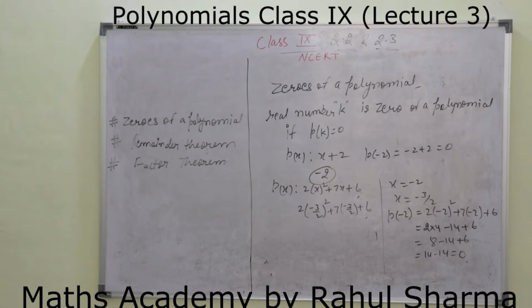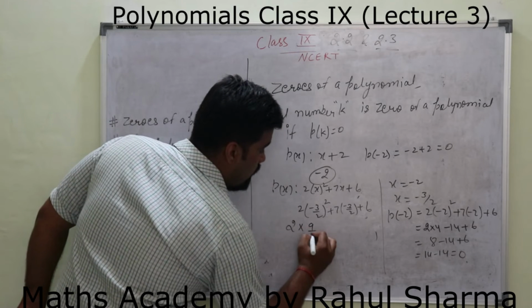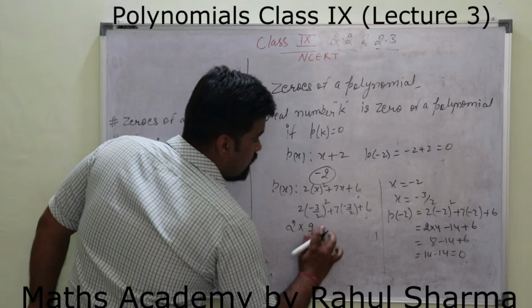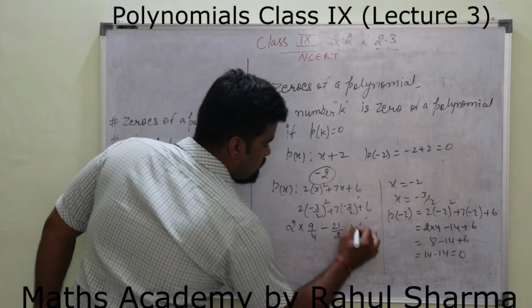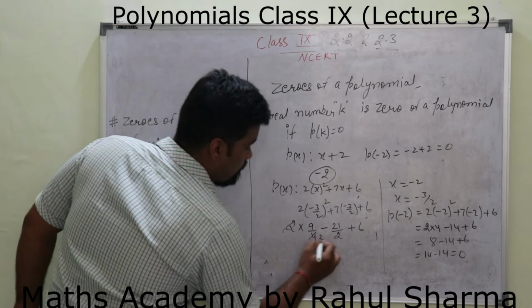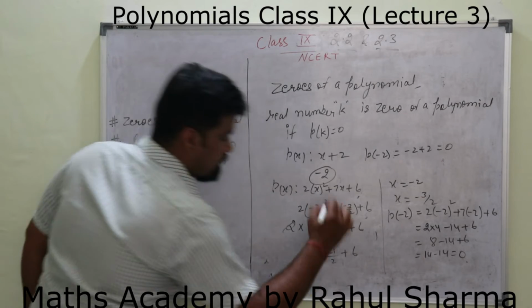Let's try. I hope you understand how to do it. It is very easy. So 2 multiplied by 9 by 4 plus minus 21 upon 2 plus 6. So it will become 9 by 2 minus 21 upon 2 plus 6.